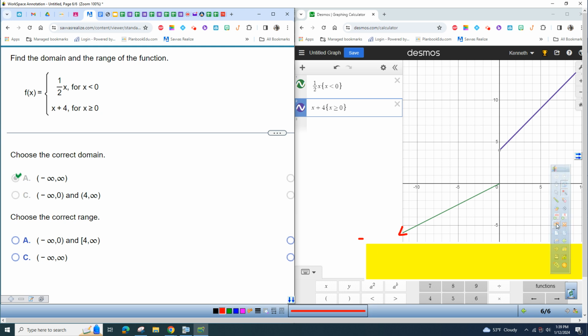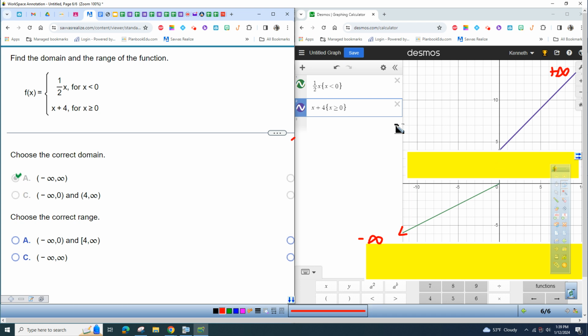Let me get this little tool here. Negative infinity, and then up here it's going to be positive infinity. But we got this space in between, right? Since we're writing on it, let's get these in here.